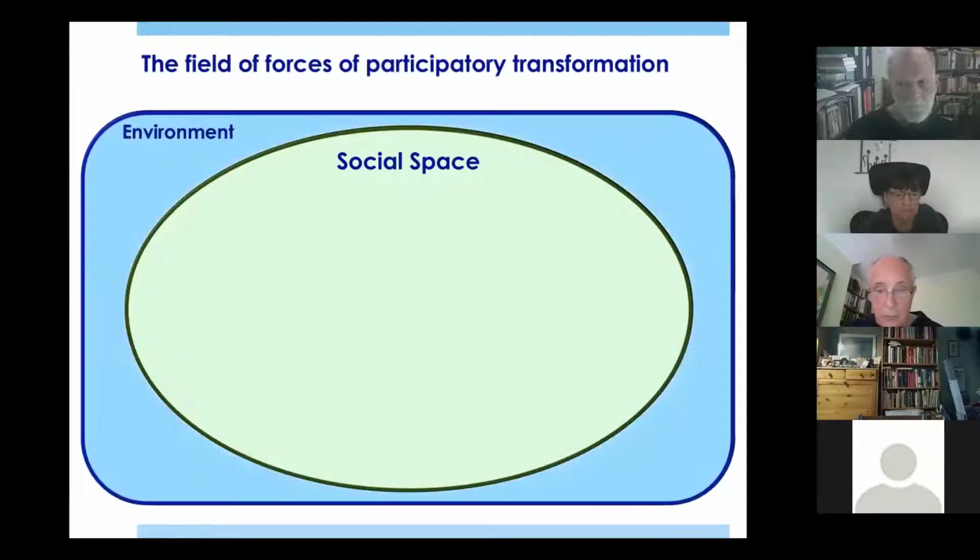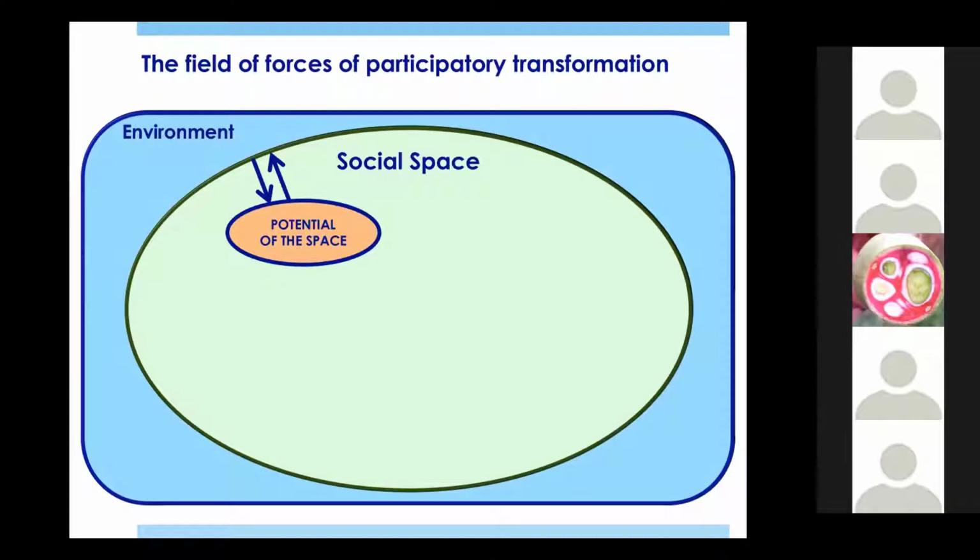We have the social space and its environment, and there are 5 forces. The potential of the space. Every social space has a huge unknown potential. For instance, in education, the children, beautiful, clean minds, with huge capacity to learn, which the regular school manages to destroy or to reduce. Potential of each person, of course.